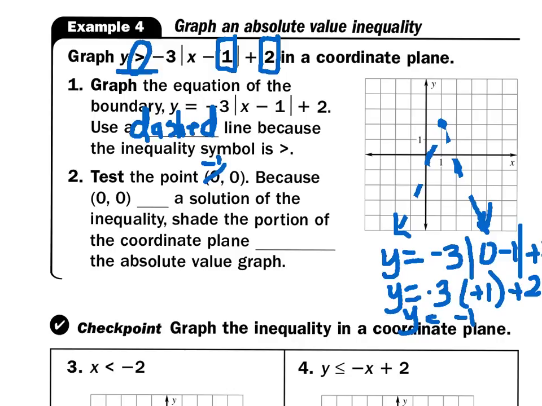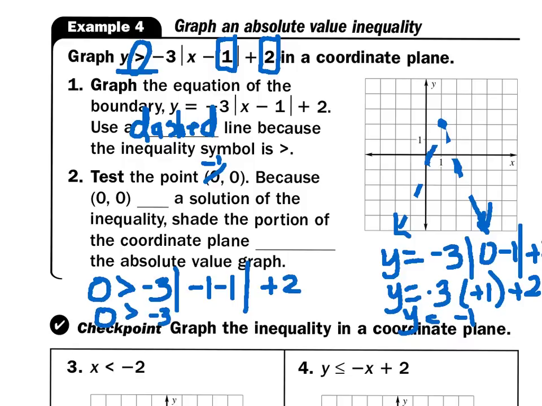Now, I'm going to put in 0 for my y, and negative 1 for my x, and see if that's true. So 0 is greater than negative 3 times the absolute value of -1 minus 1. -1 minus 1 is -2. Absolute value is 2, plus 2.